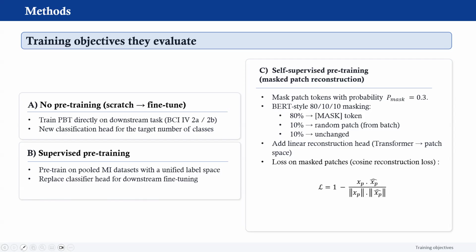Yeah, so it's like 80% of the time you would basically fully mask it out, 10% of the time you'd essentially replace it with a random patch, and 10% you'd just leave the patch as it is. I think what BERT also followed. So this is what they've done.